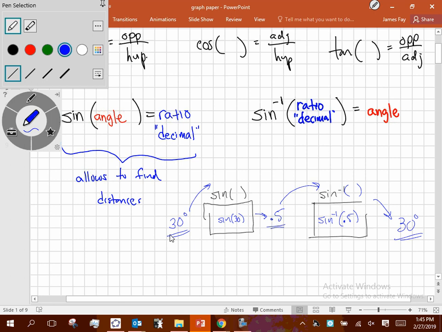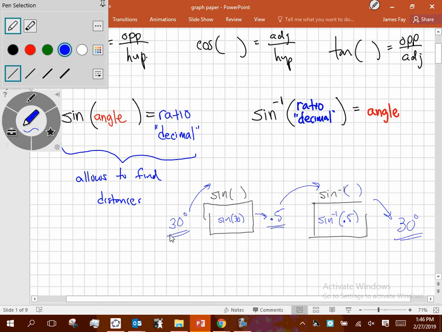Because they're inverses, because that relationship exists, if somebody gives me 30 degrees as the angle, I know that the opposite side and the hypotenuse divide to give me 1/2, right? If somebody gives me the opposite side compared to the hypotenuse as a 1-to-2 ratio or a 1/2 ratio, because of this process, we now know that there has to be a 30-degree angle incorporated in that picture.